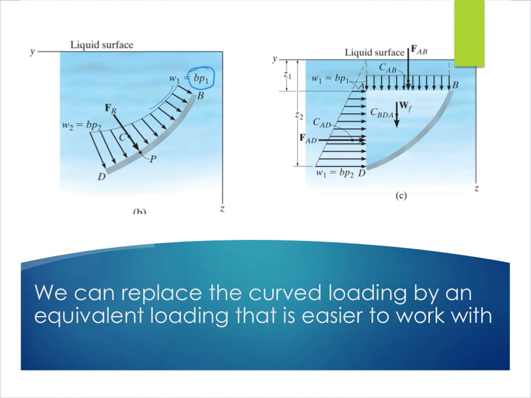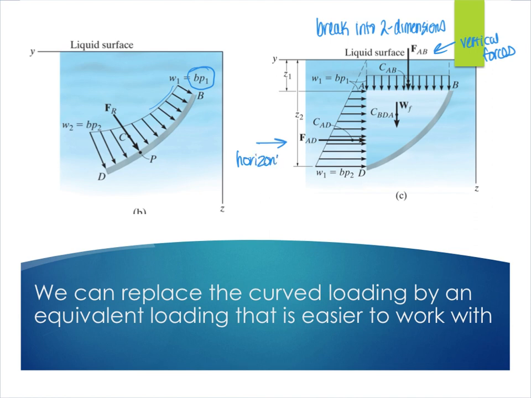So for instance, what we've done is we've tried to break it into two dimensions. One of them will look at vertical forces, and the other one will look at horizontal forces.